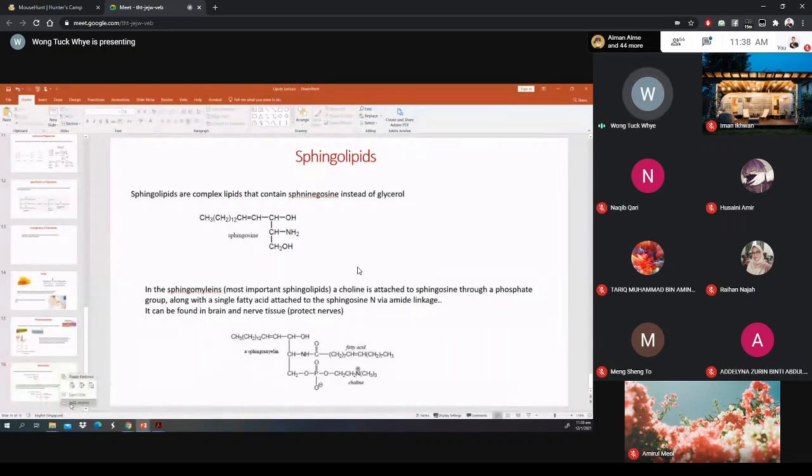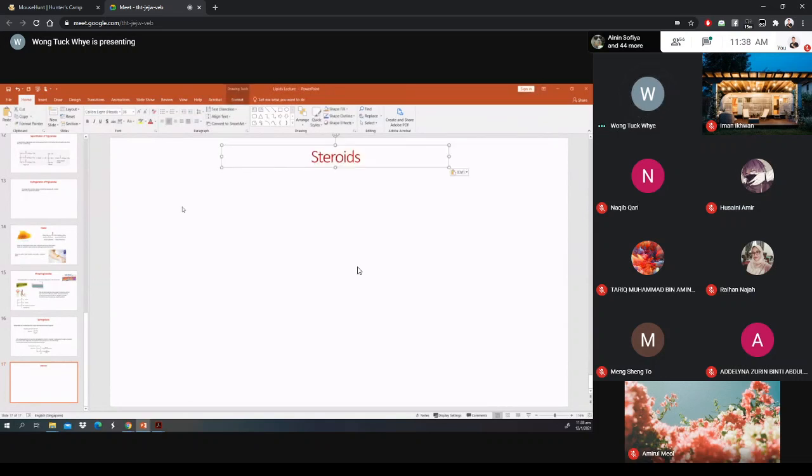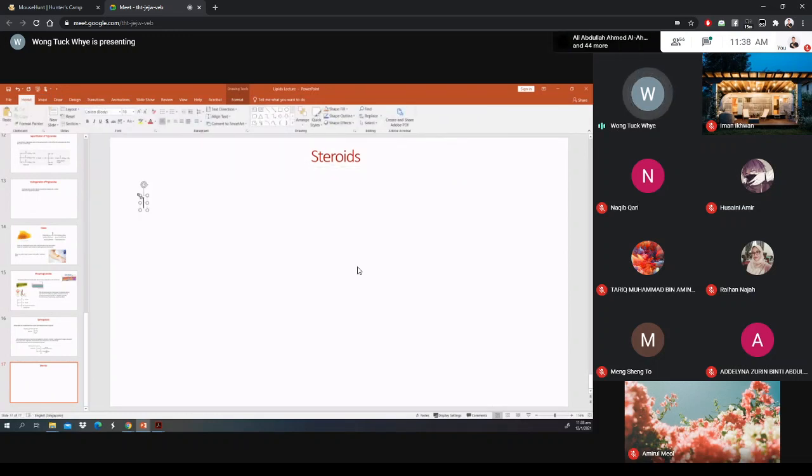And for the next, we'll have to learn about steroid. What is steroid? As what we define, steroid actually is just like this.